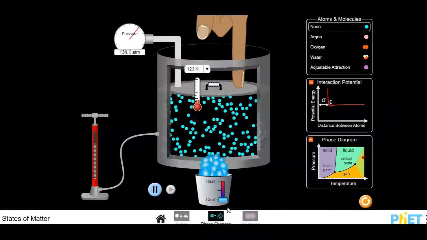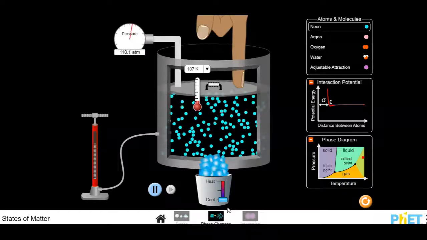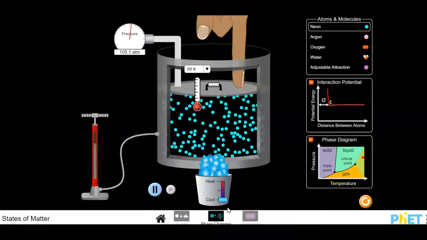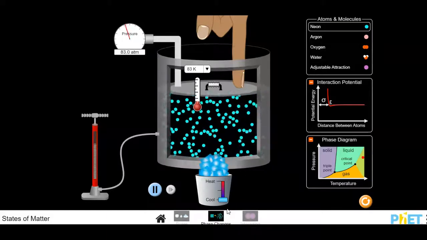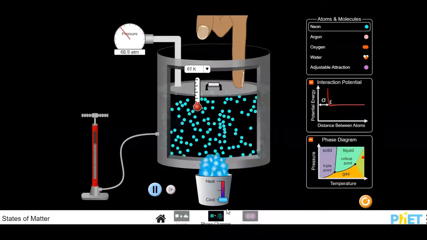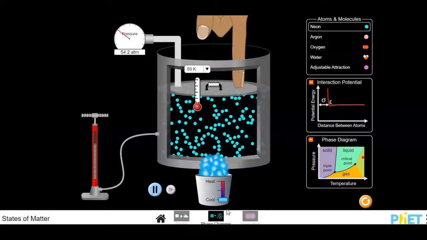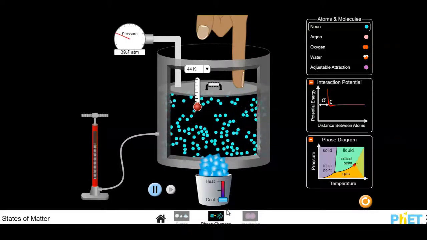And notice there is a container on top, and so all of the atoms are kind of trapped inside. Now, a cup of coffee, of course, in real life would not be covered. So I'm just going to cool this down until it's mostly a liquid, just to show you how you would cool a cup of coffee or a cup of soup.